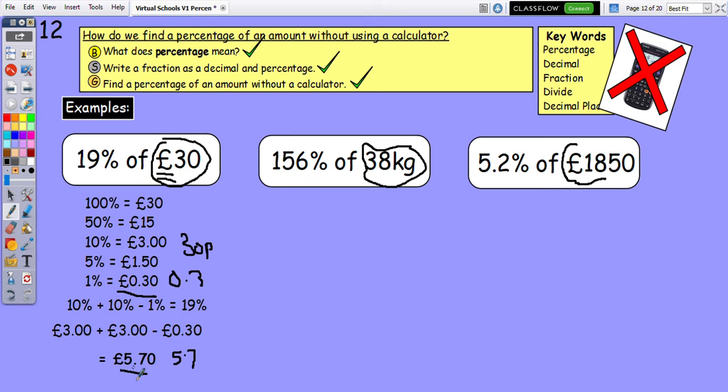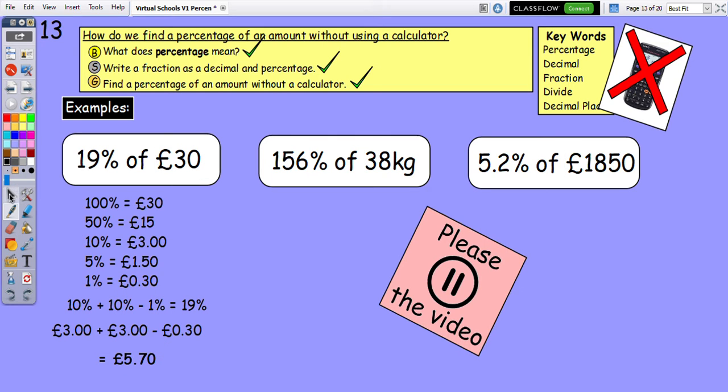You'd say £5.70. So when we're dealing with money, we have to write the answer as money. The process is just the same, we're just going to be careful how we write it. Okay, pause the video, have a go at these two tricky questions, and we'll go through the answers in a second.